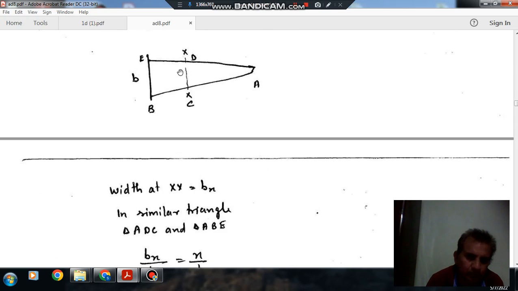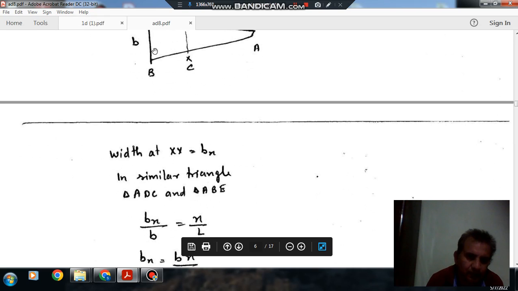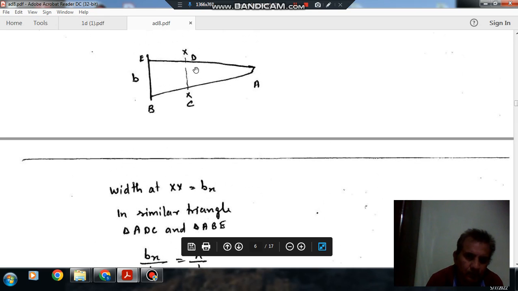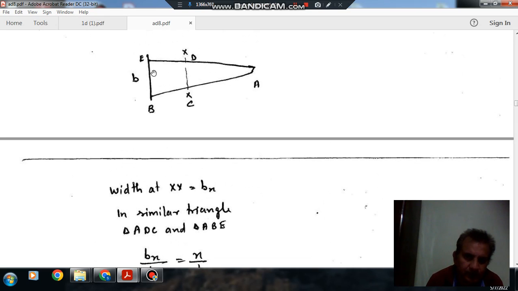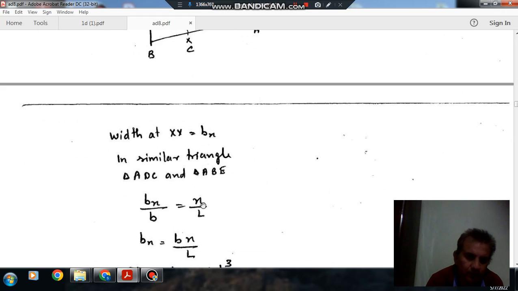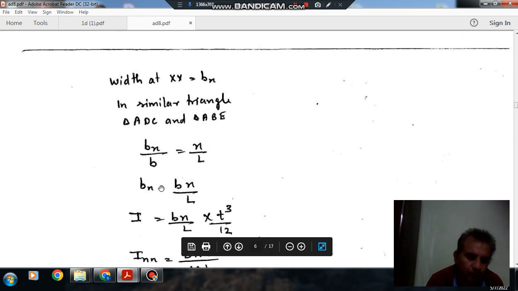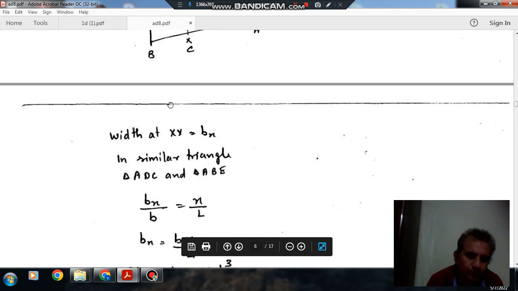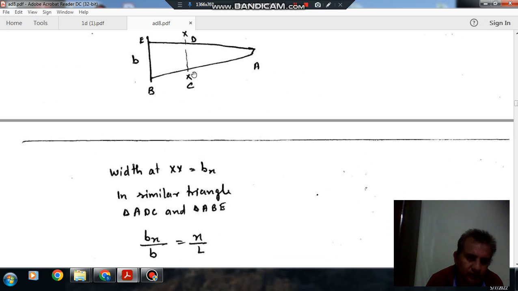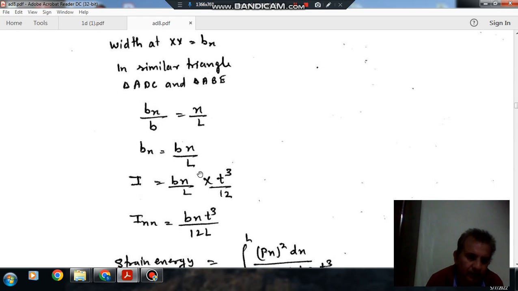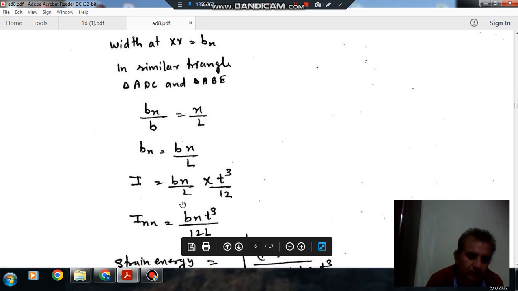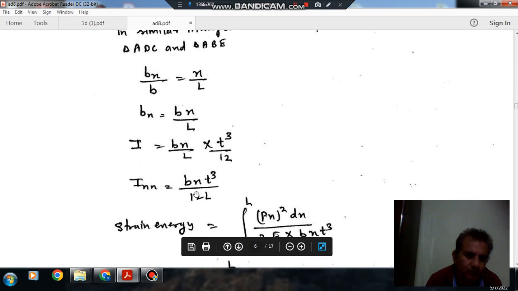So this is your b and this is your bx. bx by b will be equal to x by L, from the triangle, so bx will be b into x by L. So this portion width will be b into x by L. So moment of inertia is bx into t cube by 12, so b into x by L into t cube by 12.